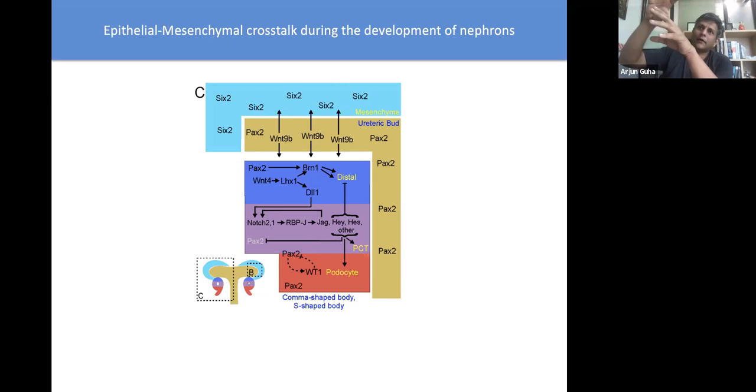And then this renal vesicle, which is epithelial in nature, undergoes a series of shape changes, comma-shaped body, S-shaped body, and so on and so forth, to create an epithelial tube, which will then subdivide into many parts to form the different components of the nephron, namely the glomerulus, the ascending tubule, the descending tubule, and the connecting duct to the collecting ducts of the kidney.